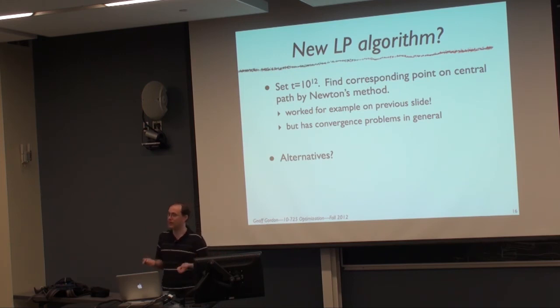So this is called a path-following method. Actually, it's such a good idea that it has at least 3 names: homotopy, continuation, and path-following. The most plain English is path-following, so that's what I'll use. And so the idea is we can just try and pick up the central path at some easy point, and then try and follow the central path in the hard direction towards the linear programming optimum.